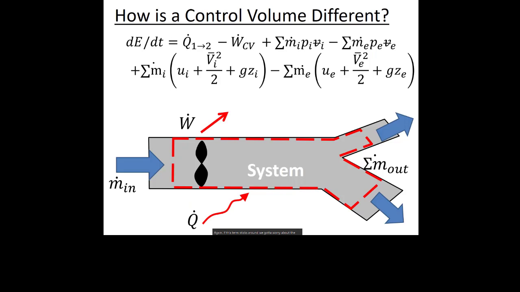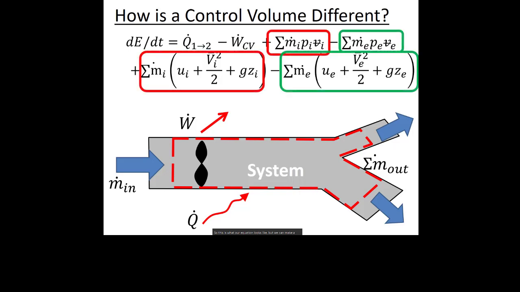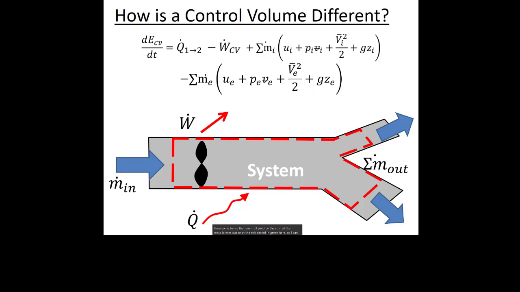So this is what our equation looks like, but we can make a simplification. Here we have some terms that are multiplied by the sum of the mass flow rates in, circled in red here, and some terms multiplied by the sum of the mass flow rates out, or at the exit, circled in green here. So I can group those terms together, and my equation gets a little bit less messy.